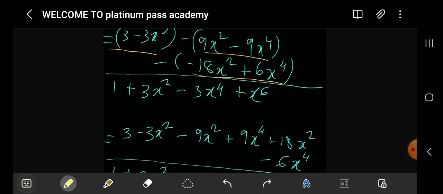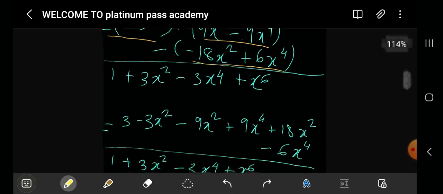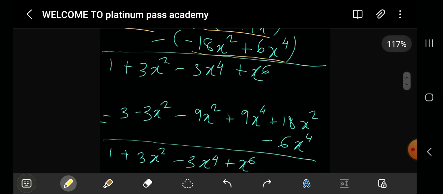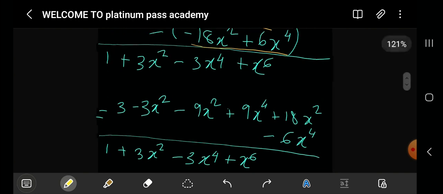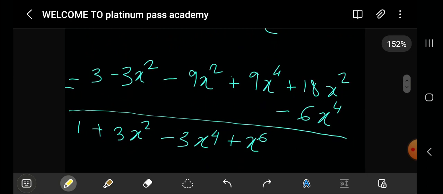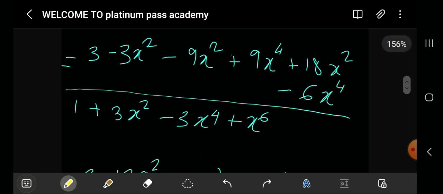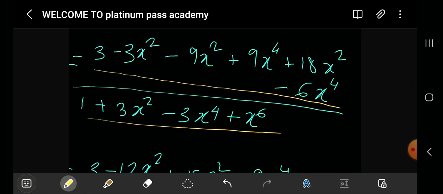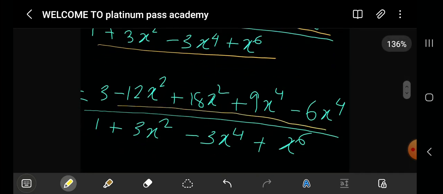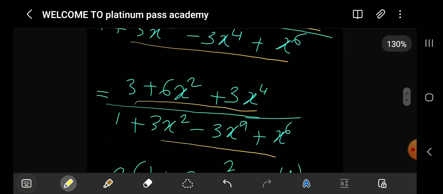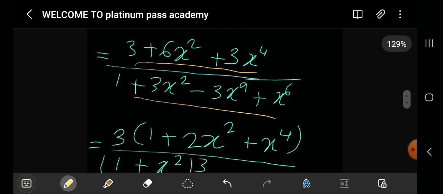Next step, you should do it like this also. Then after simplifying this whole thing, minus and plus get cancelled out, and we get the solution till here.